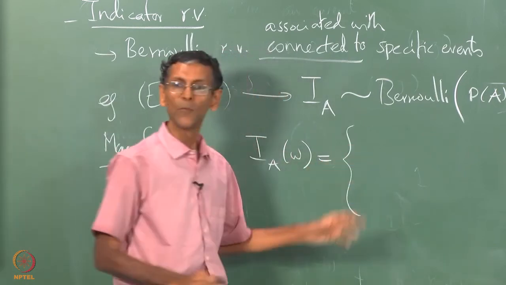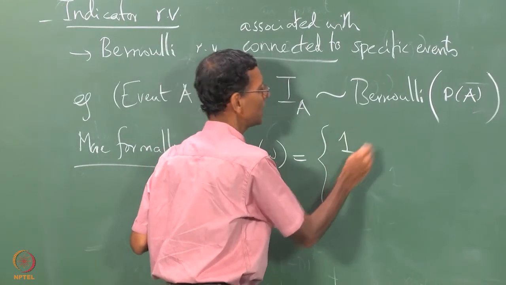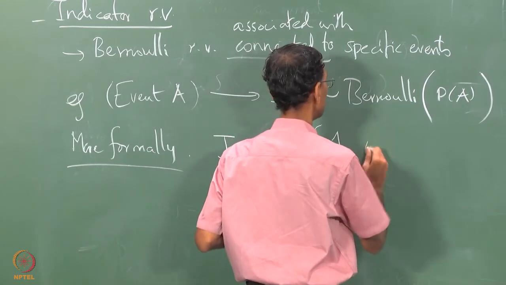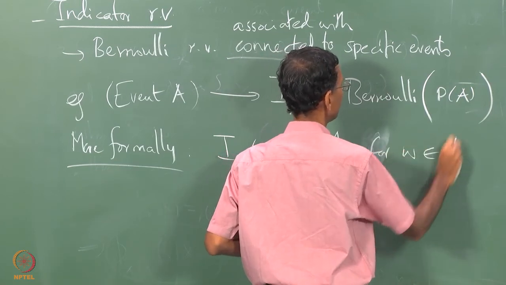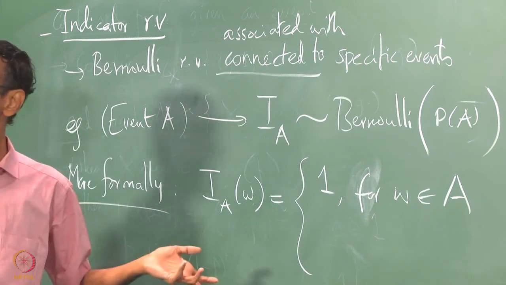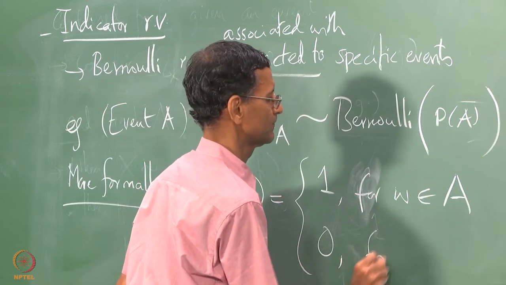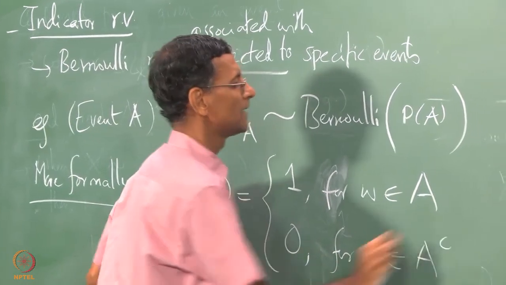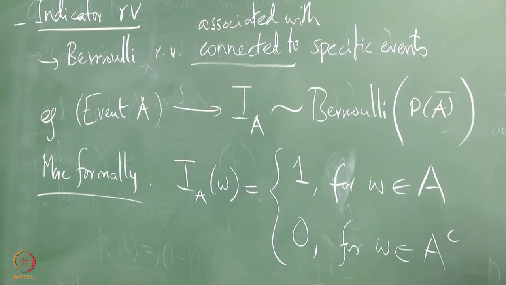So, when do you give the value 1? You give the value 1 for omega in the set A, otherwise you give it the value 0. And there is no other possibility, either omega is in A or in A complement.